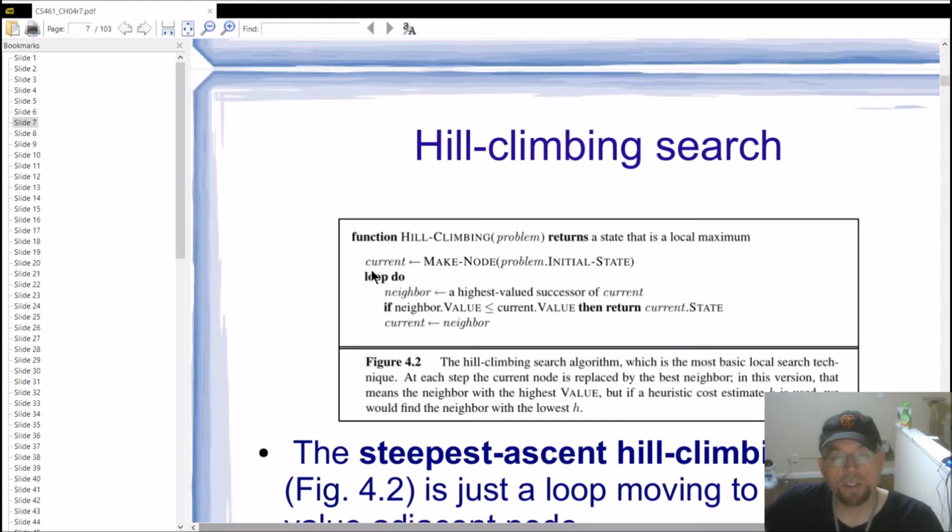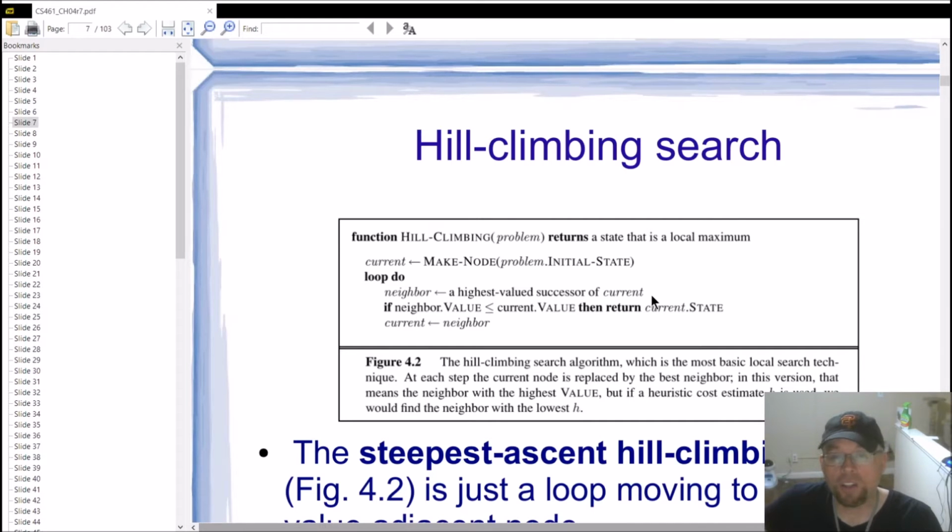Okay, so how does this proceed? Current. You make your node, you feed to that node the initial state, and then you got a loop. Okay, so what does this say? Neighbor, okay, assigned to this variable neighbor, the highest valued successor of current. Okay, the highest valued successor. Might have 27 different successors. That just corresponds to like the frontier from the previous chapter's algorithms, right?